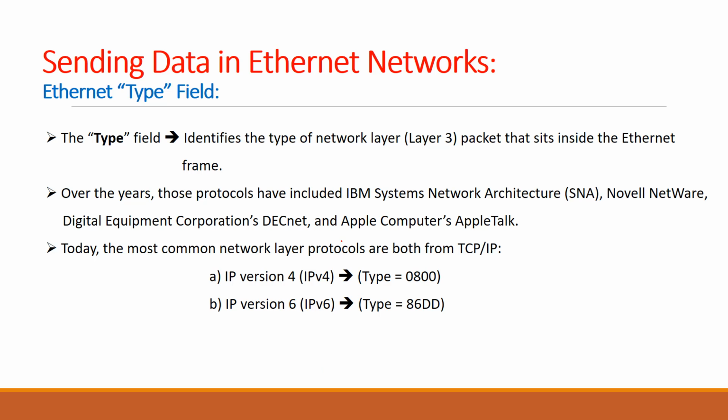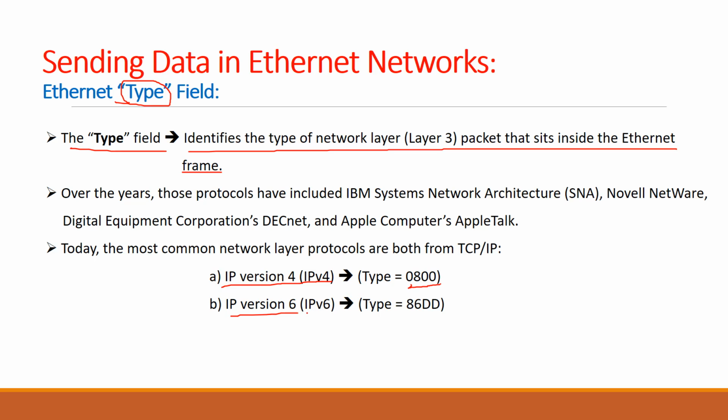Then let's go to the Ethernet type field in the Ethernet frame. The type field identifies the type of network layer 3 packet that sits inside the Ethernet frame. So we have 2 types, either IPv4 or IPv6. If it's IPv4, the type value will be 0800.